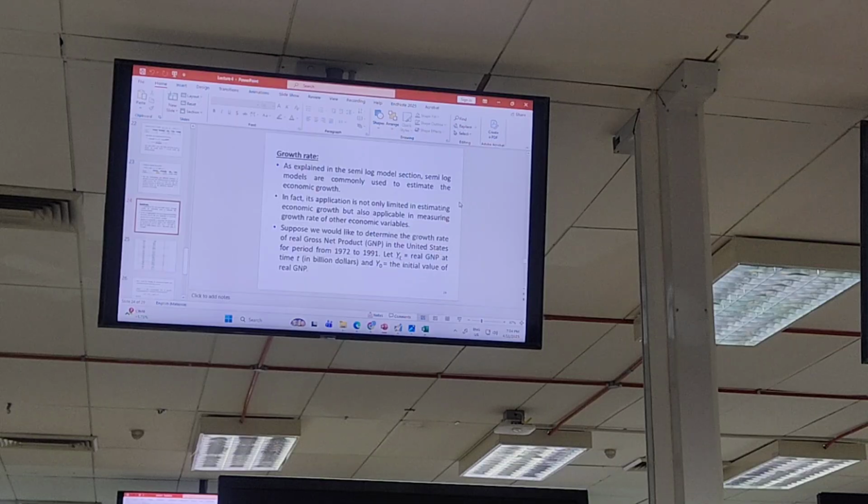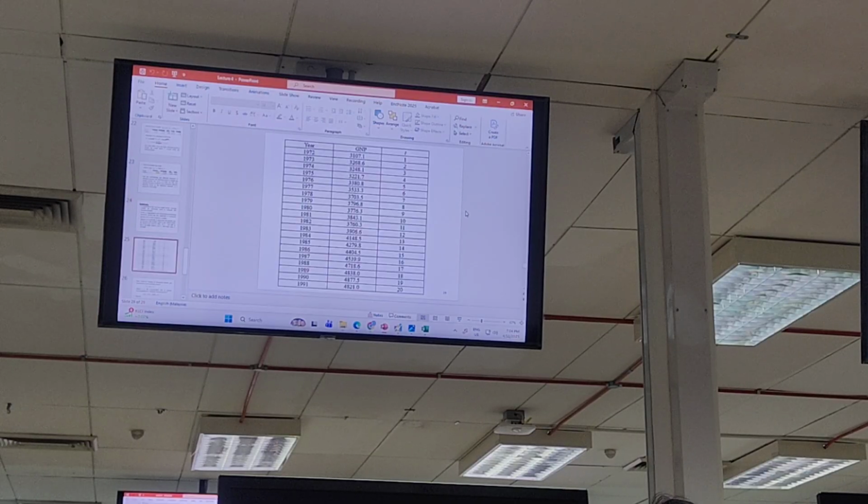In fact, its application is not limited to estimating economic growth, but is also applicable in measuring the growth rate of other economic variables. Suppose we would like to determine the growth rate of real GNP in the US for a given period. Let Yt represent the value of real GNP at time t, and Y0 is the initial value of the real GNP.